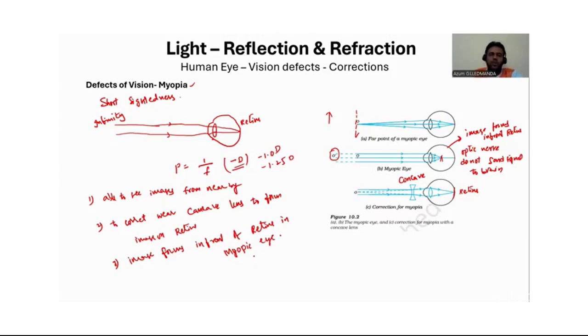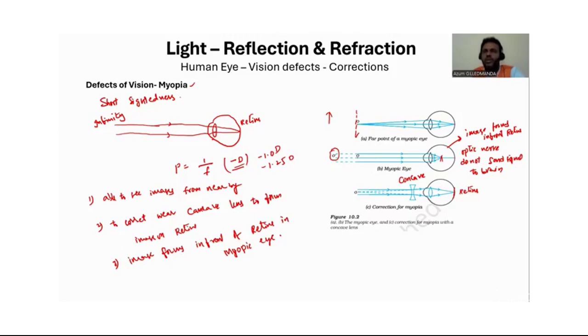Okay, so now we understood, right? Short-sightedness: the majority of people, particularly students like you guys, have this myopic eye, or myopia. So few people are able to see the board and few are not.